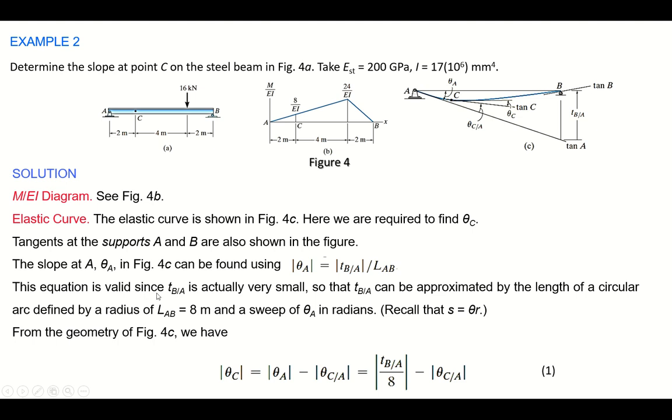This equation is valid since t B by A is actually very small, so that t B by A can be approximated by the length of a circular arc defined by a radius of L AB equal to 8 meter and a sweep of theta A in radians. So if you remember the equation S is equal to R theta, this is very valid, right? From the geometry of figure 4c, this theta C is equal to this theta A minus this theta C by A, right?